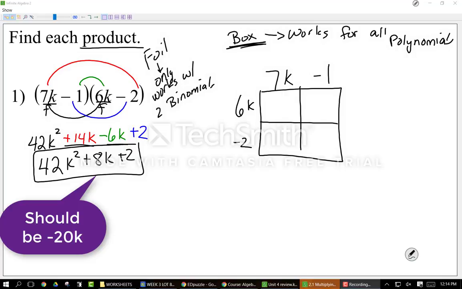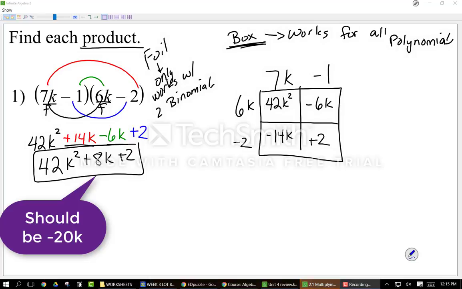So each term gets its own separate row. And now I'm going to multiply. 6k times 7k is 42k squared. 6k times negative 1 is negative 6k. Negative 2 times 7k is negative 14k. Negative 2 times negative 1 is positive 2.